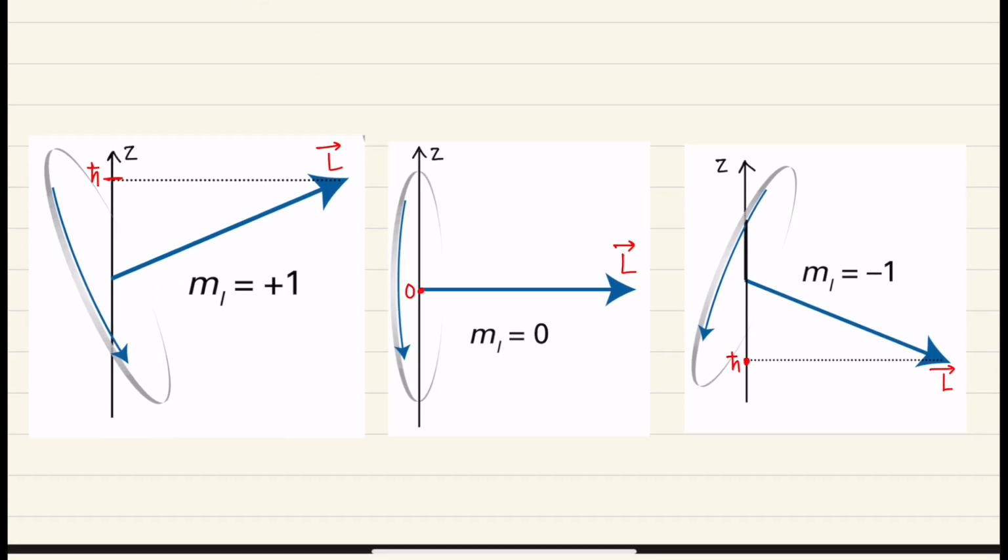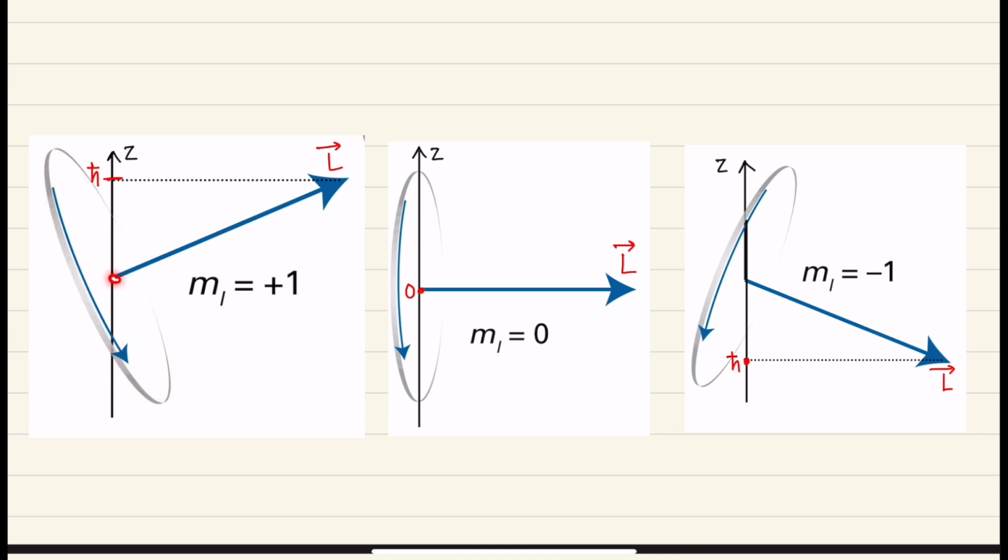See here. Suppose ml equal to +1, and all these things we are discussing for the p orbital. If the electron revolves in this plane, try to feel it in 3D. If the electron moves in this plane, then we know that angular momentum will be generated perpendicular to this plane.